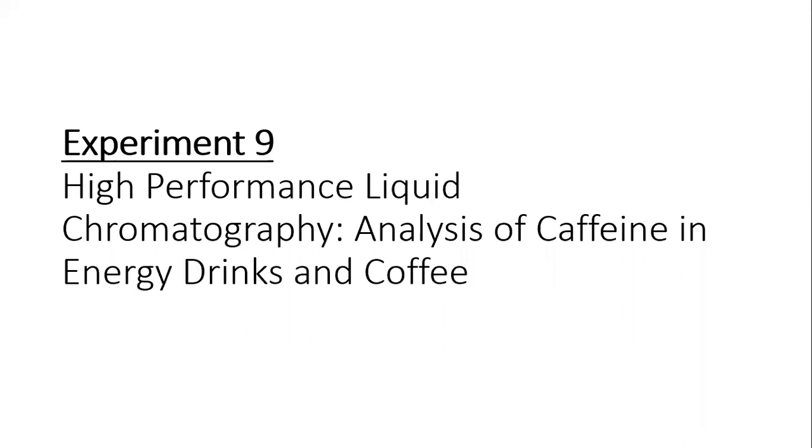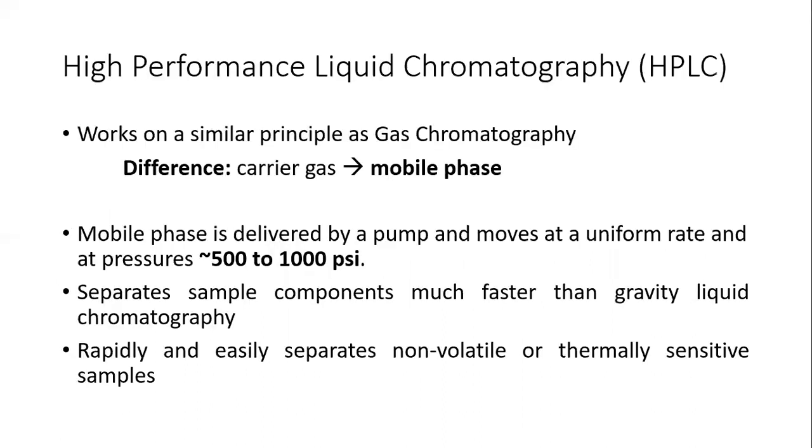So for experiment 9, this time we will now use the other type of chromatographic instrumentation, HPLC. In HPLC, for this experiment, you will be analyzing the concentration of caffeine in energy drinks and coffee. HPLC works similarly to the gas chromatograph.